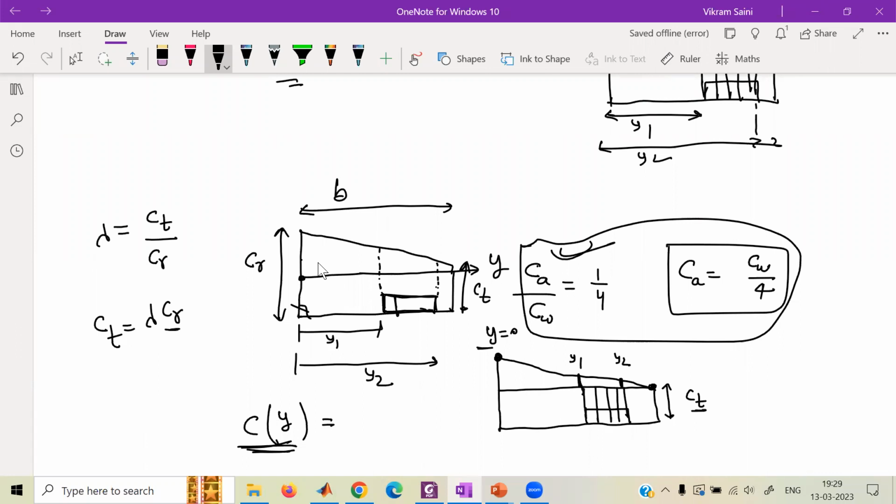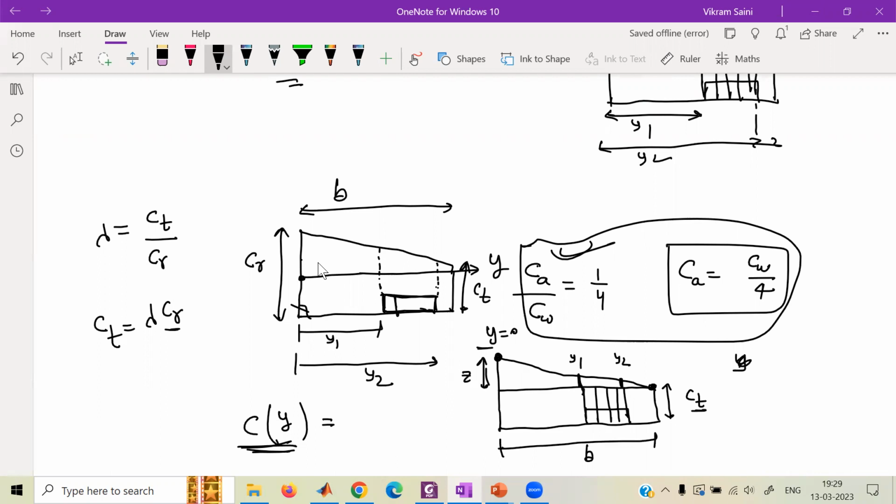And what is the equation of a line? So let's call this vertical length some z, and this z is going from some number, the number here, to 0 after a certain length b.